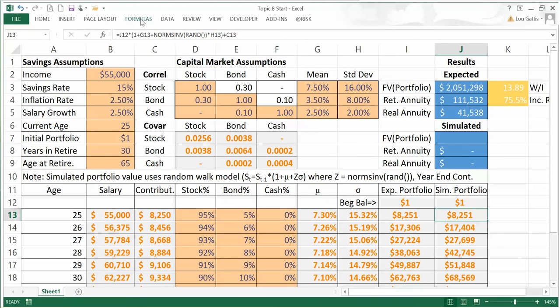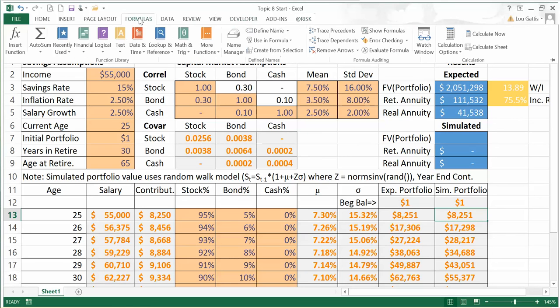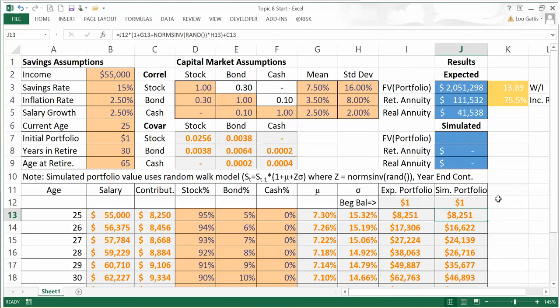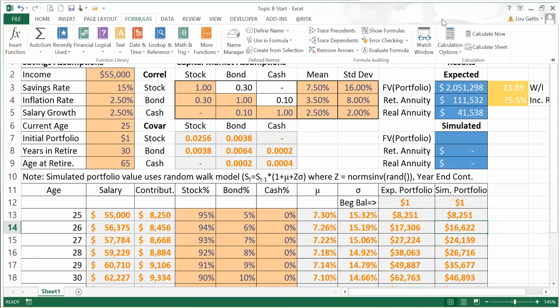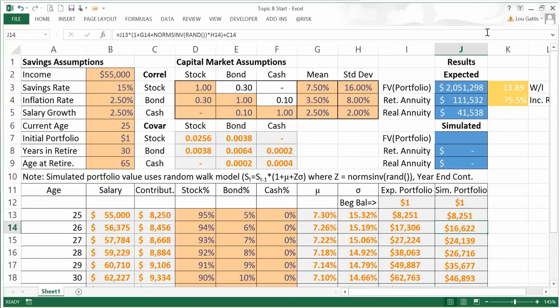Or if I go to formulas, calculate now, you'll get a new value for the simulated portfolio value. So we can see in year 3, if I did a recalculate, F9, the 16,622 will change a little bit.